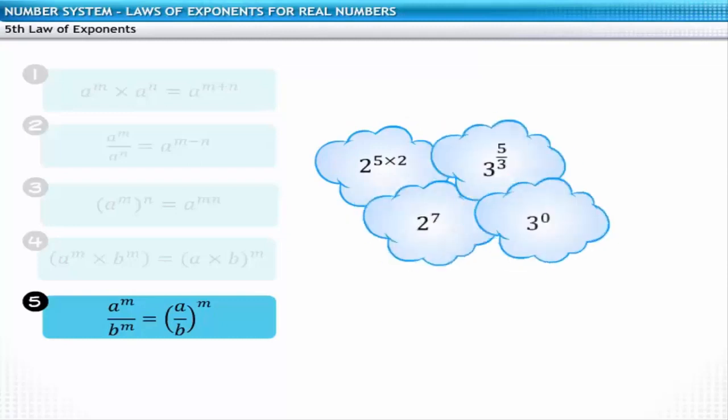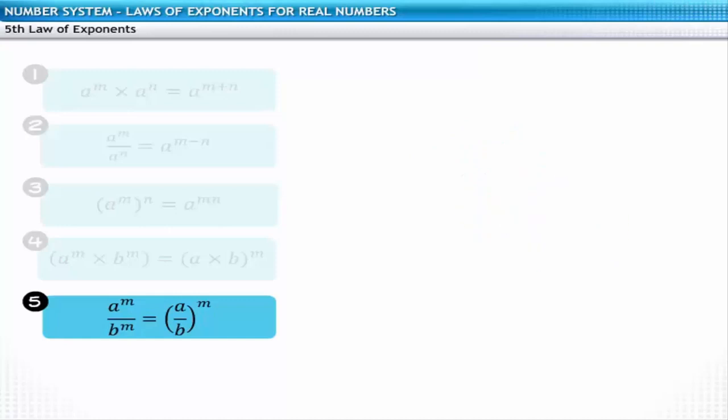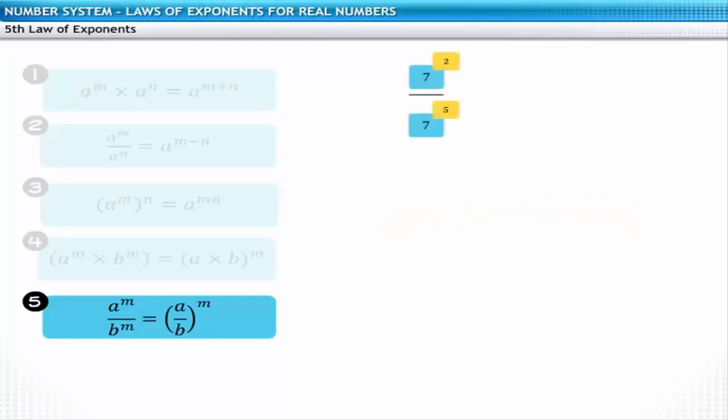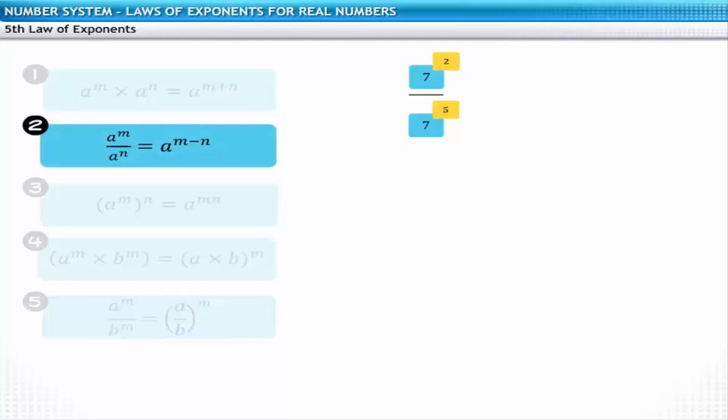So far, we have seen examples where the exponents were all positive rational numbers. Can the exponent be a negative rational number? To verify this, let's consider an example. Applying the second law of exponents, this expression can be written as follows. The answer is 7 raised to minus 3.